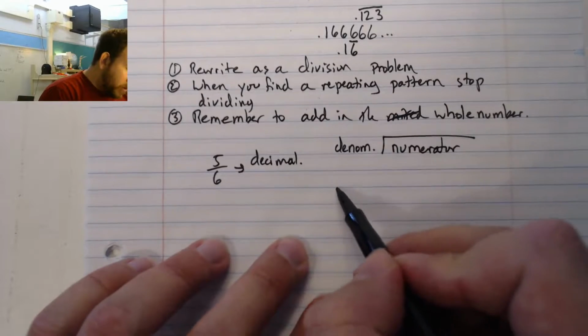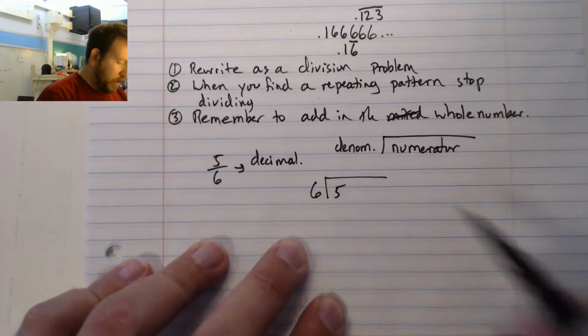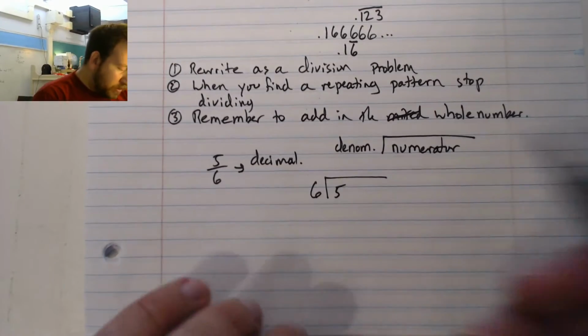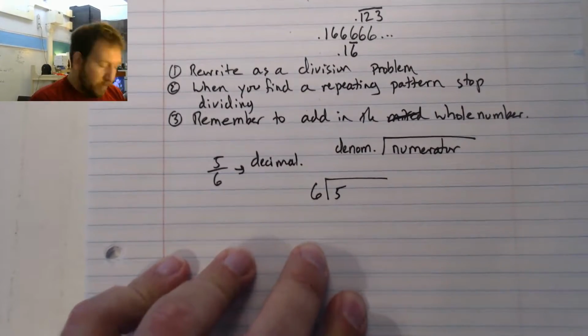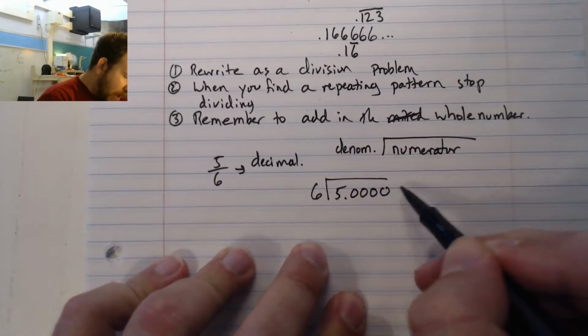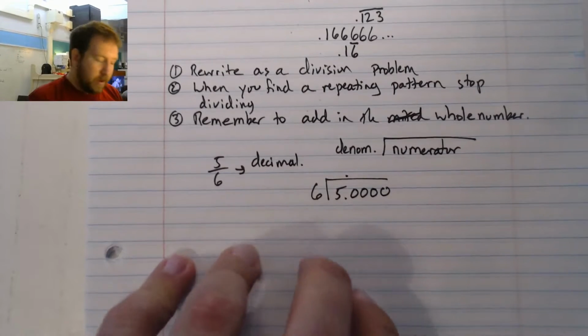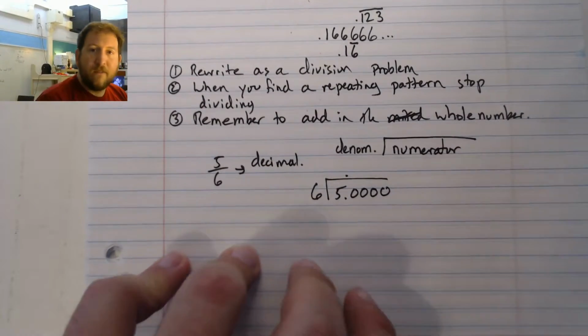So my numerator is here, my denominator is out here. Okay, so the question is, how many 6's go into 5? Well, 0, but I need to find out more exactly. So just like before, I'm going to add some zeros to help me out. So now I can say how many 6's go into 50.